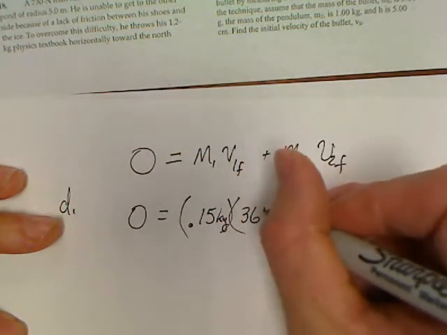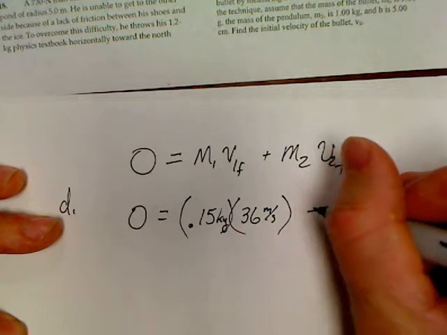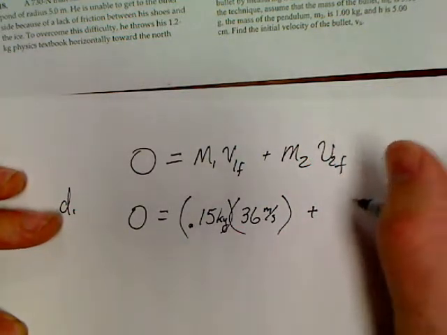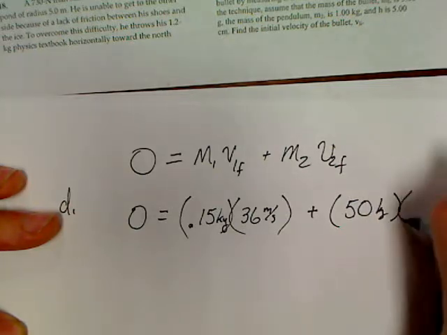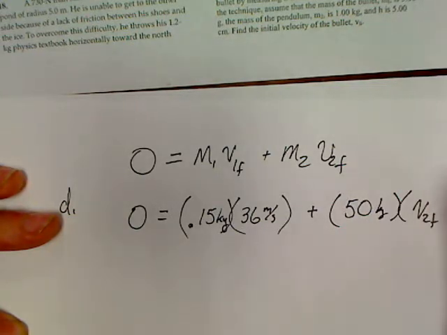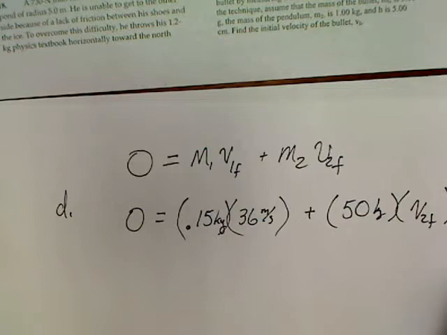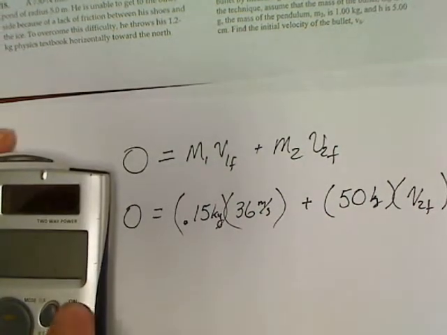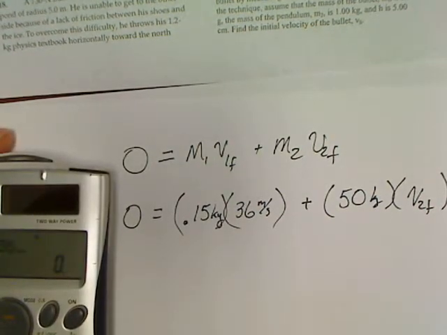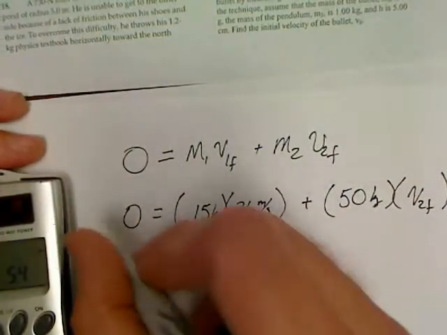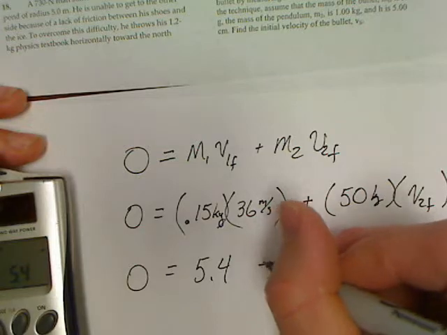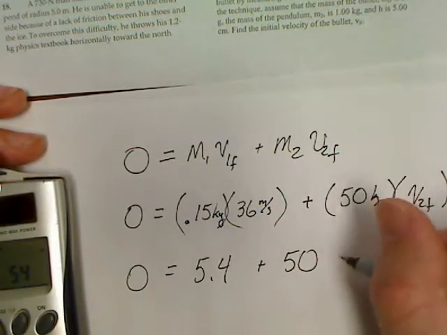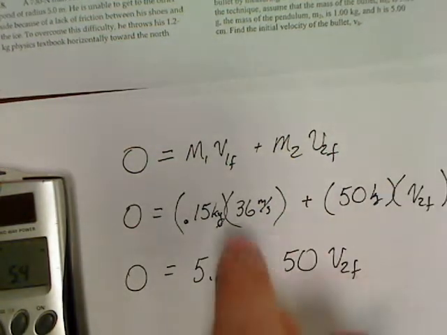Times 36 meters per second plus M2, which is 50 kilograms, times V2 final. And that's what we're looking for, is V2 final. So we end up with 0.15 times 36. So that's 0 equals 5.4 plus 50 V2F.